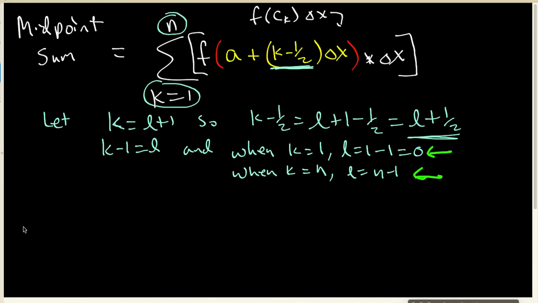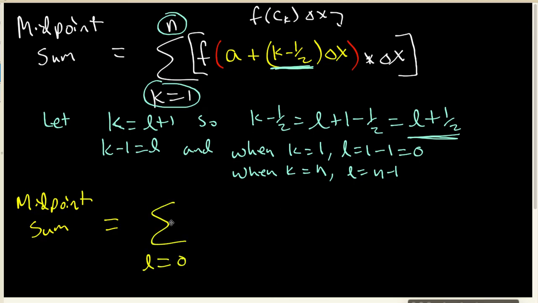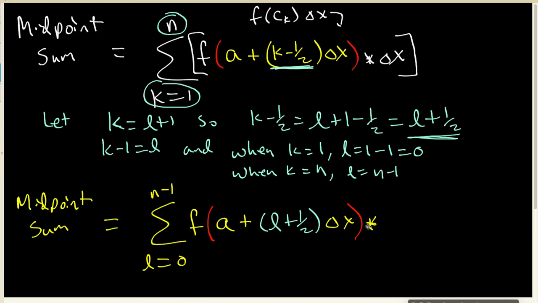And our new midpoint formula. So our new midpoint sum is going to look like the summation as L goes from 0 to n minus 1 of f of the ck is now going to be equal to a plus L plus 1/2 times delta x in that f of, and now we have times a delta x and then the big parentheses.